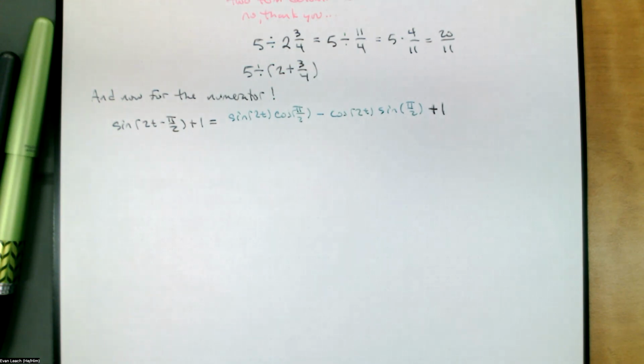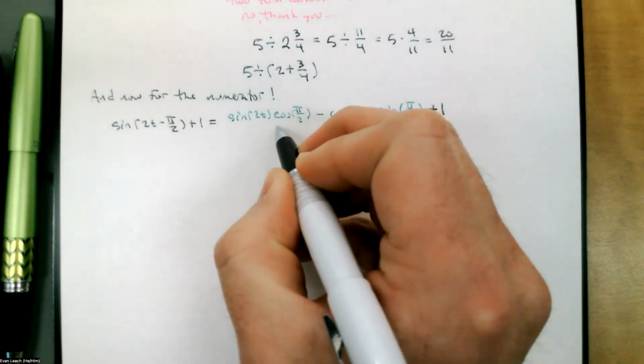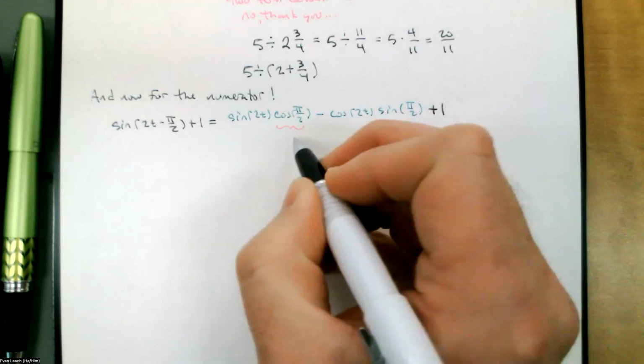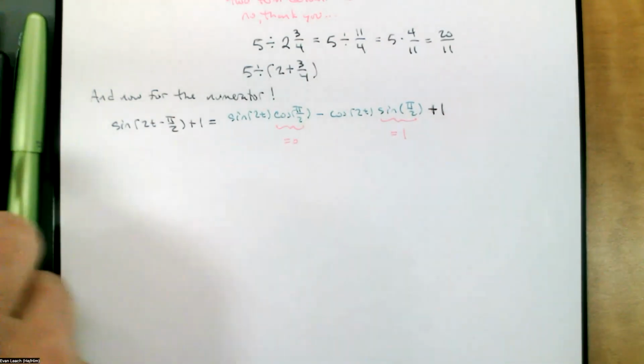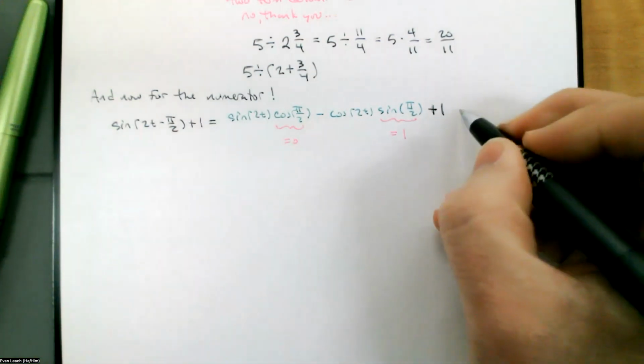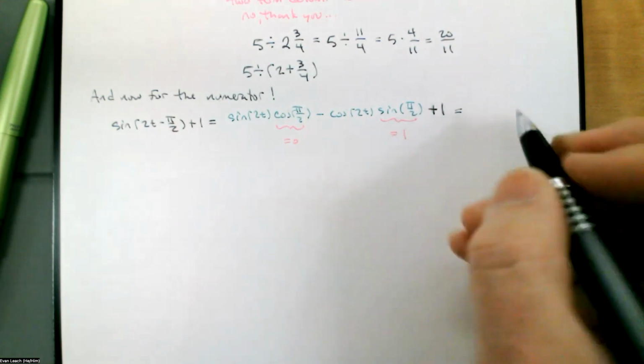Here, the same thing happened as the last time we did this. Cosine of pi over 2 is equal to 0, and sine of pi over 2 is equal to 1. So all this is just equal to negative cosine of 2t plus 1.